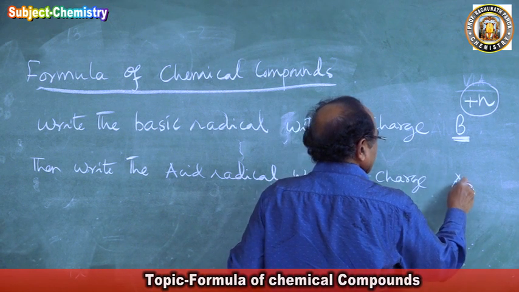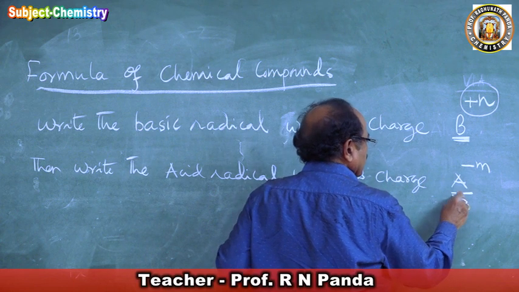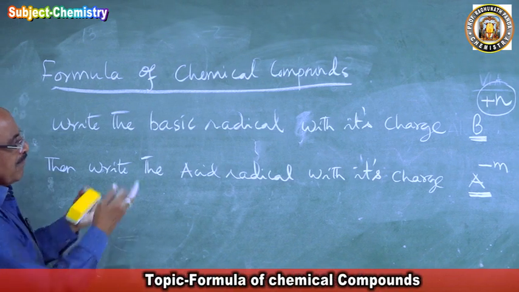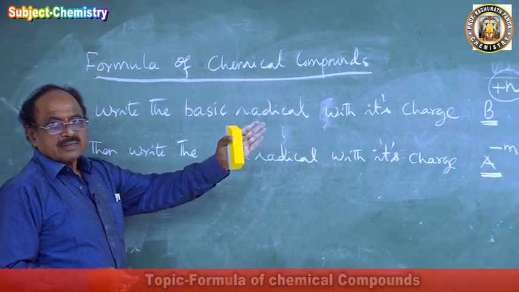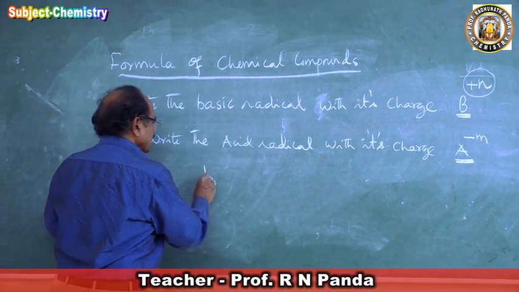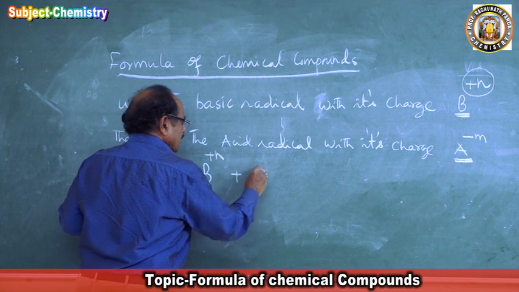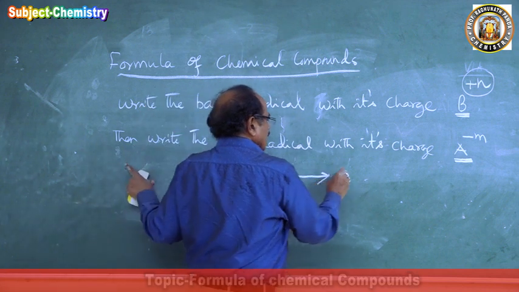That is A minus M. A stands for acid radical, B stands for basic radical. So the formula will be B combined with A. B, the basic radical with plus N, will combine with the acid radical to form the compound.